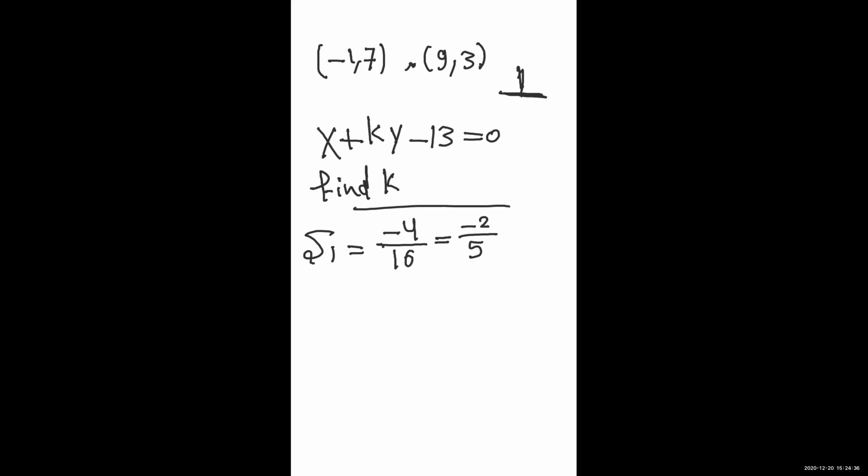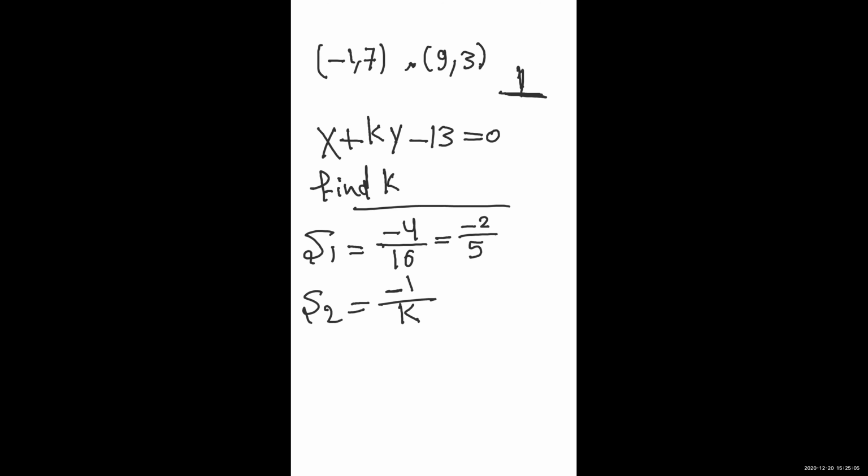Okay, now, guys, let's get the slope of the second one. If it is S2, the slope equals the negative coefficient of x over the coefficient of y. The negative coefficient of x now is 1, so negative 1 over the coefficient of y, which is k.